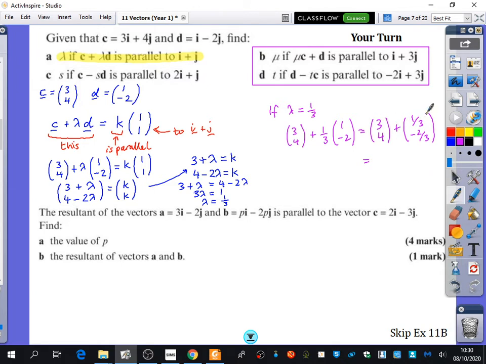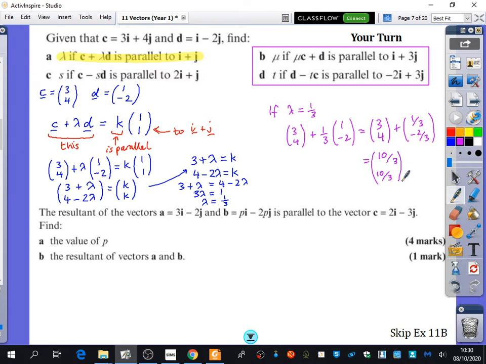I don't mind if you want to use a calculator. It's not 1 plus a third, it's 3 plus a third. It's 10 over 3. And what is 4 minus 2/3? It's 10 over 3. Again, you could use a calculator to check this.